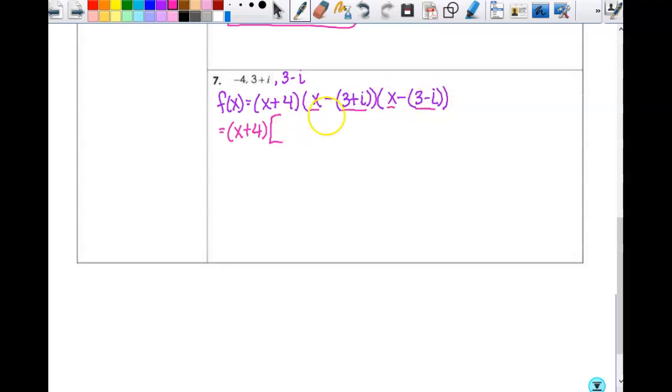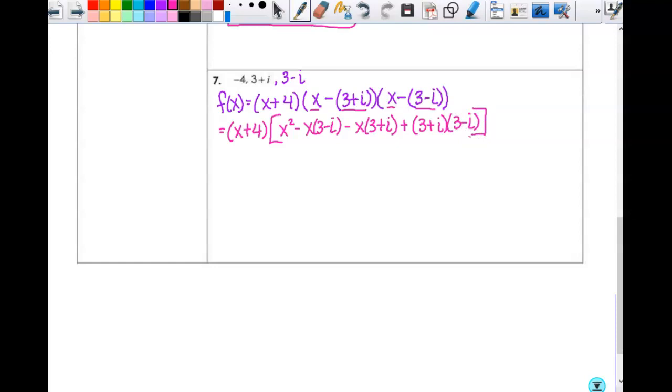This is going to give me x times x is x squared. x times a negative 3 minus i is going to be negative x times 3 minus i. Then I'm going to multiply this by both of these, so this will give me a negative x times 3 plus i. And then this times this is going to be a positive 3 plus i times 3 minus i.